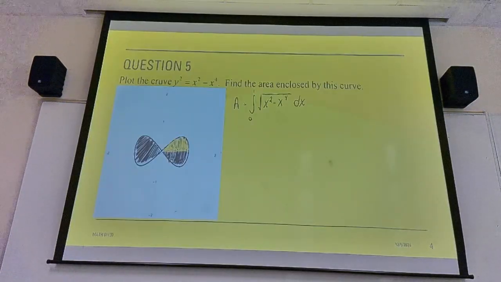This isn't square root of x. Absolute value number. How would that help you? Make it positive. It's already positive.